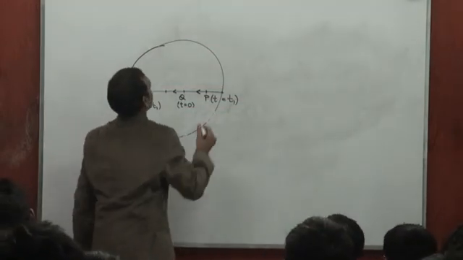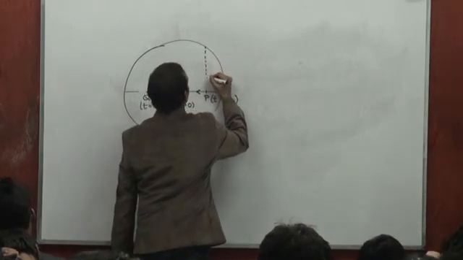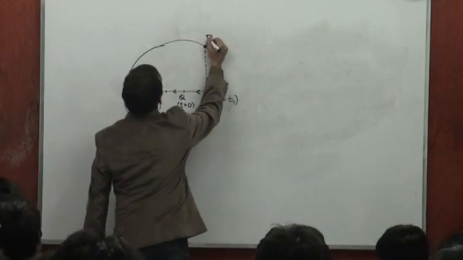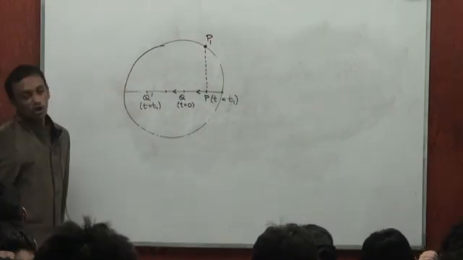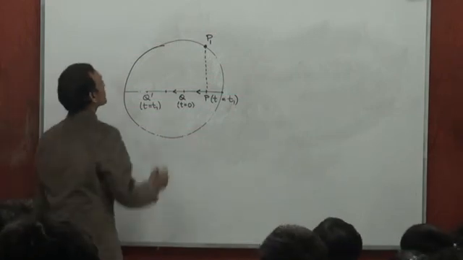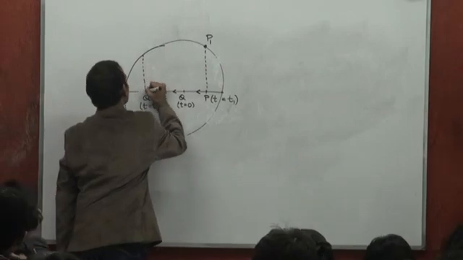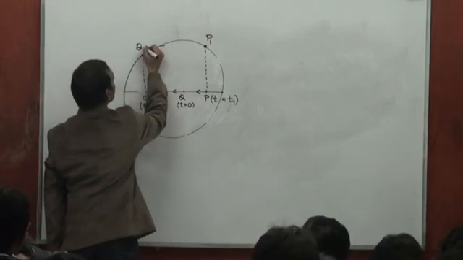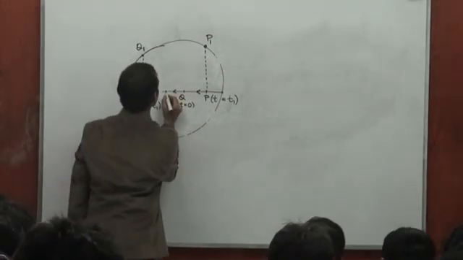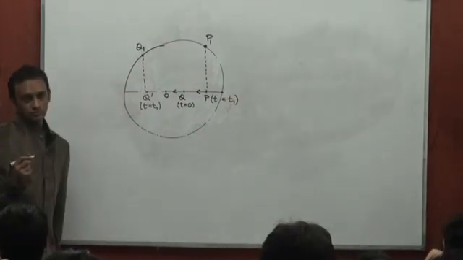The corresponding point on the auxiliary circle for P was, let's say, P1. The corresponding point for Q at t equal to t1 was, say, Q1. This was the center of the circle.